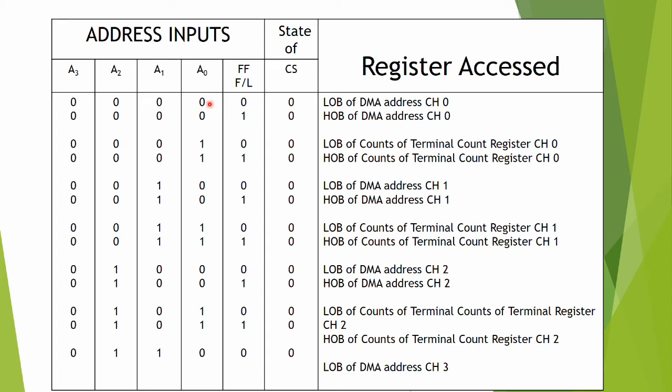Accordingly, if A1 is 1 and the internal flip-flop is 0, the lower order byte of the DMA address of channel 1 is accessed. If A1 is 1 and the internal flip-flop is 1, then the higher order byte of the DMA address is selected, and accordingly it is true for channel 1, channel 2, channel 3.